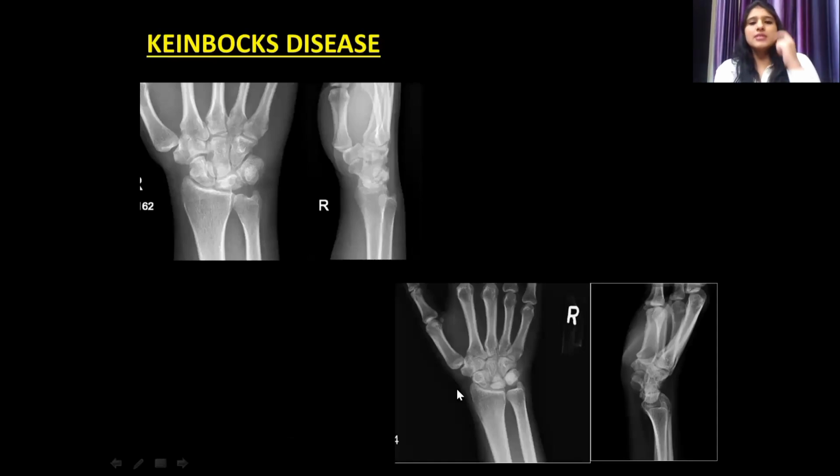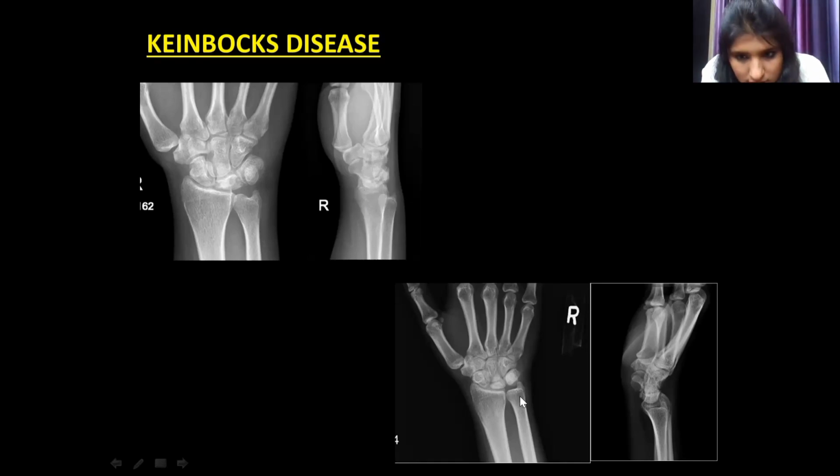Coming to Kienböck's disease, Kienböck's disease is avascular necrosis of the lunate bone, and it is commonly associated with a negative ulnar variance. The reasons for which are not quite sure, but on this radiograph, you can see that there is some sclerosis along the lunate bone. And when you see the lateral radiograph, there appears to be volume loss and sclerosis of the lunate bone.